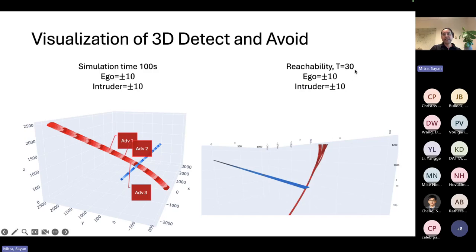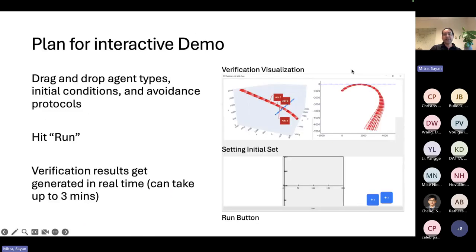So let's say we are trying to do an analysis up to 30 seconds. That takes 3 minutes, but the results will start to appear as soon as you hit the run button, so that time will appear to advance slowly, and you're going to see some output right away. Yeah, so that's what we are planning to do for this part of the demo with the Guam and ACAS XU. Any questions or feedback on this part?